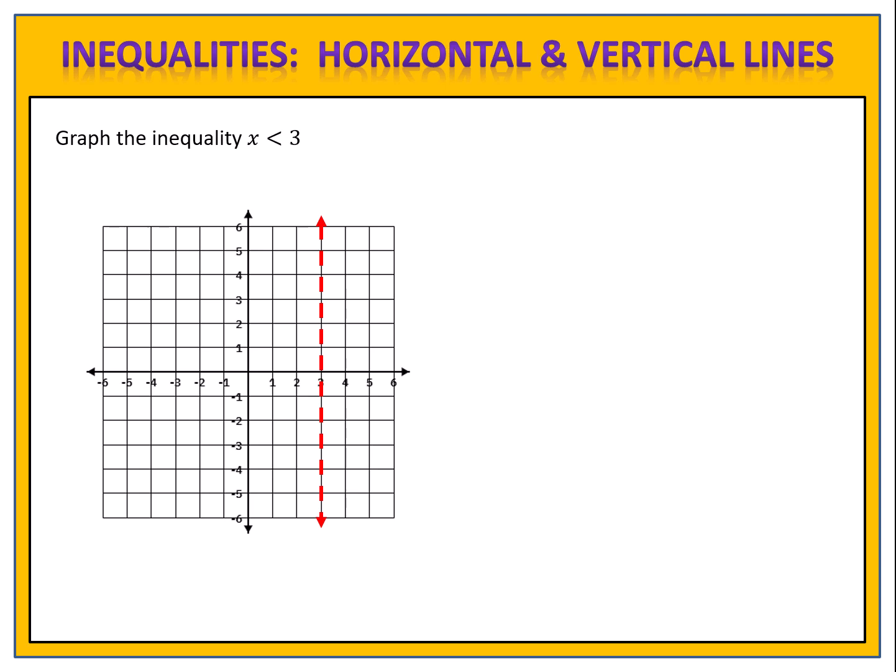We want to know where on the x-axis are the values less than 3. That would be on the left-hand side of the line, and so that's where we shade. We label the shaded region with the letter S to denote solution set, and we're all done. Remember what the shaded region represents: all of the points that meet the criteria x is less than 3. If you list any point in that shaded region, the x value will be less than 3.